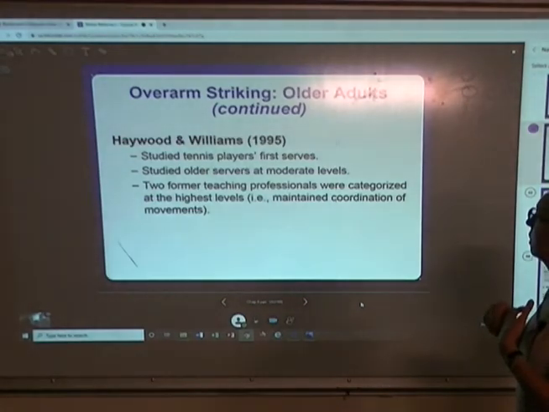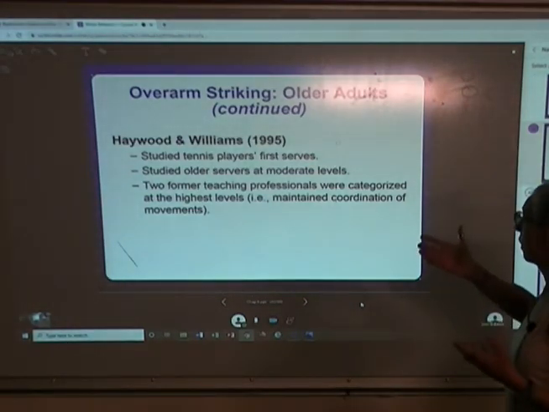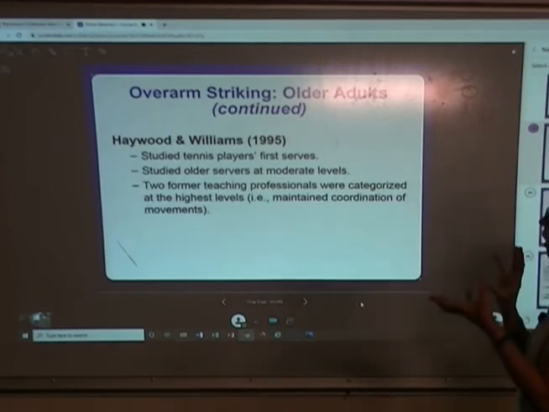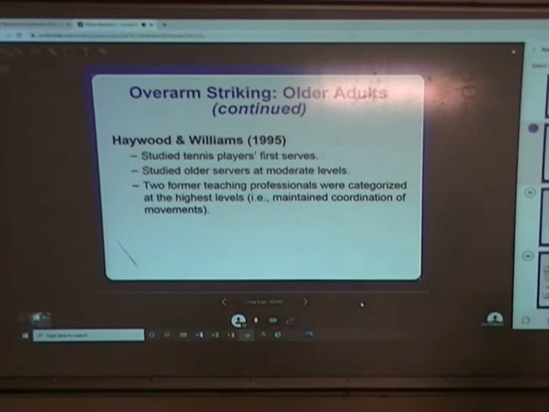Looking at tennis players as they get older, they looked at serving and found pretty decent levels of movement patterns there. So, you know, kind of maybe not elite and backing off of proficient, but certainly not elementary, not beginner levels.